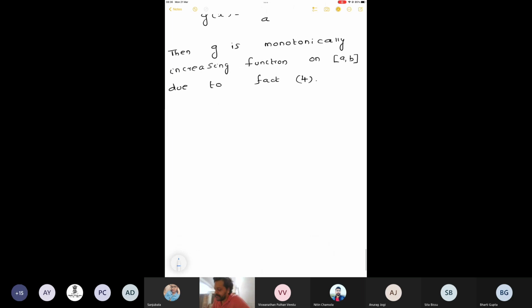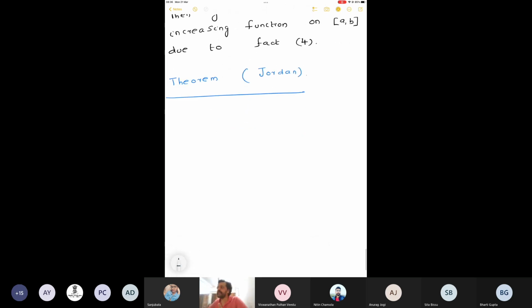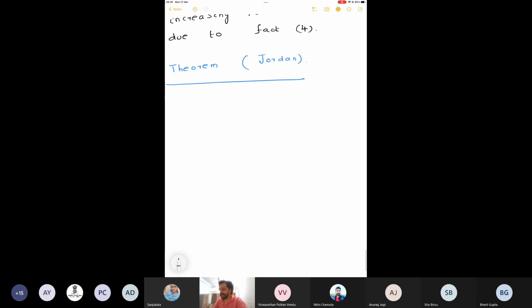Now we have the following theorem, which is quite easy to prove, but it's an important theorem by Jordan. The theorem characterizes the bounded variation function. It gives you a necessary and sufficient condition for a function to be of bounded variation.